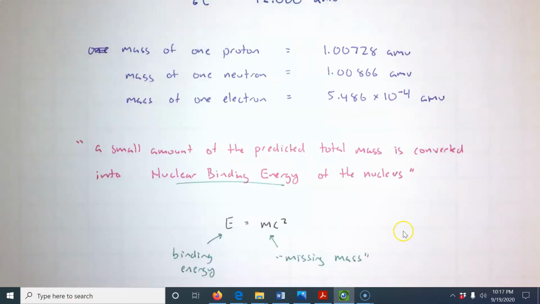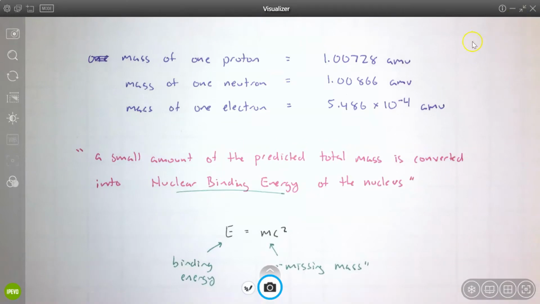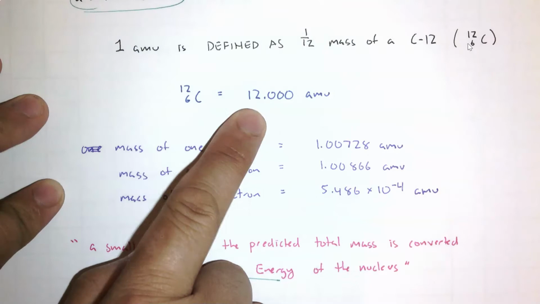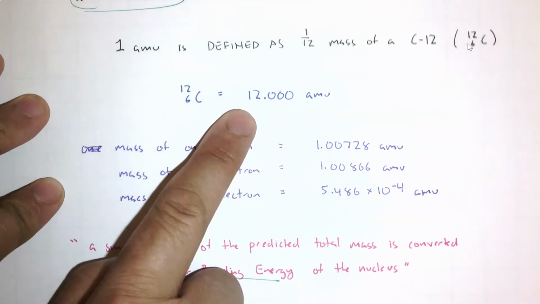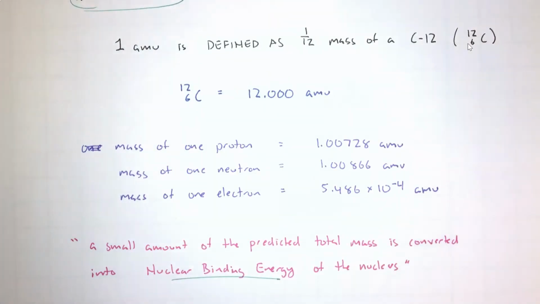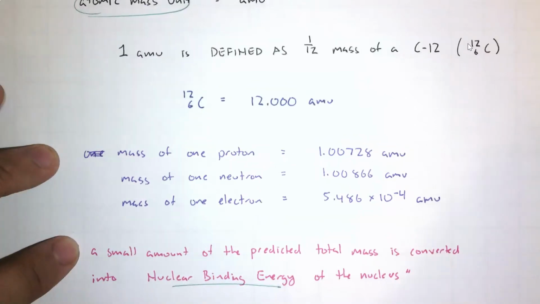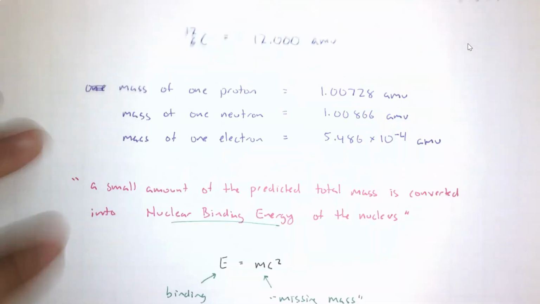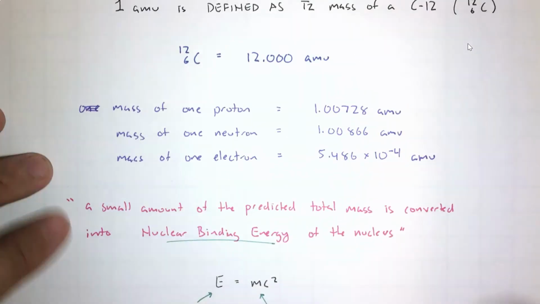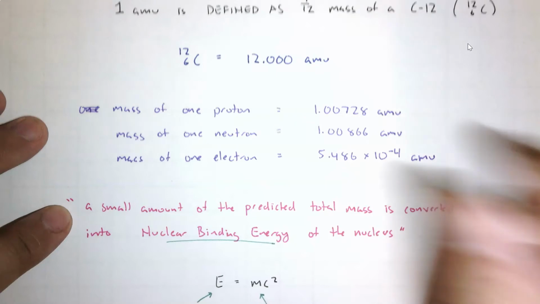Because when you look at our numbers here, theoretically, that should be a little more than 12. But again, we have this missing mass. All right. Is there anything else I want to say? No. Just be aware that it's close. The mass number is close to the atomic mass unit mass.